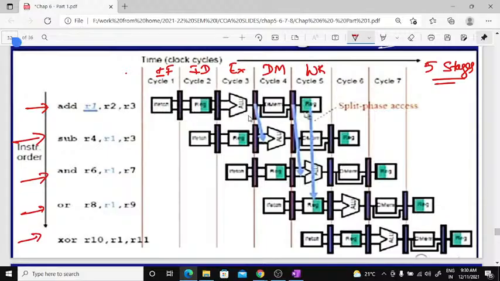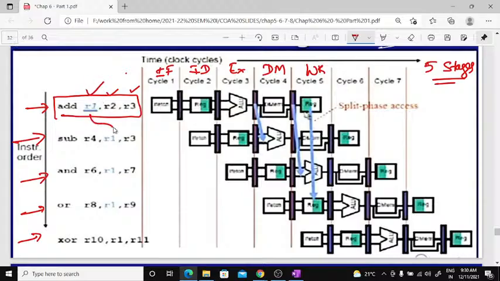As we already discussed this type of architecture, here the add instruction is there. This add instruction adds R2 and R3, and the result is stored in R1.